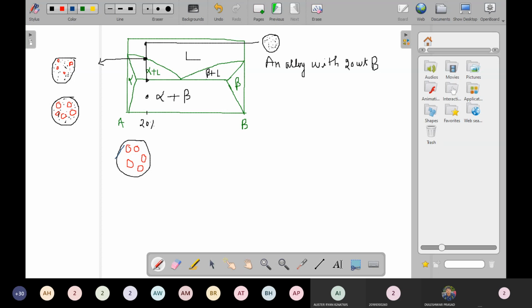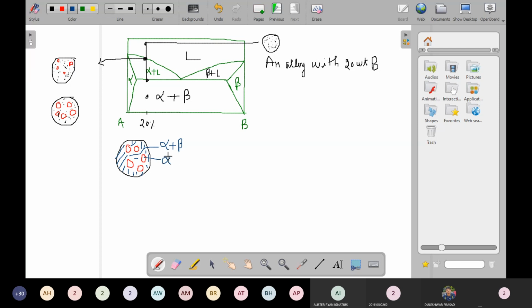Apart from this, all this region will be alpha plus beta, a mixture of alpha plus beta, but this will be alpha.